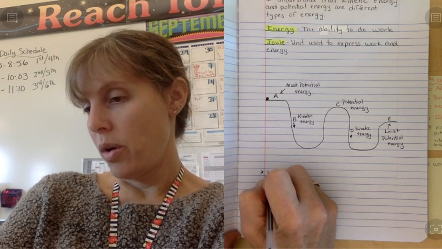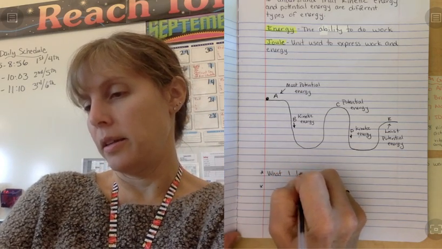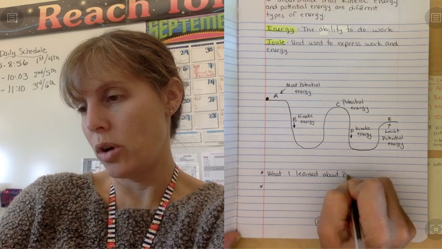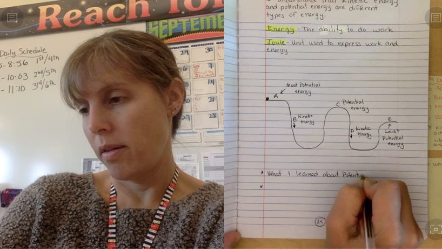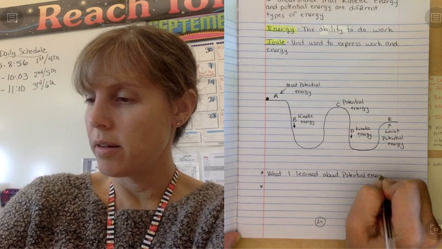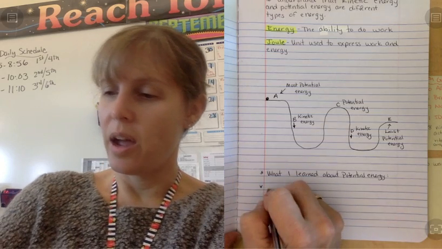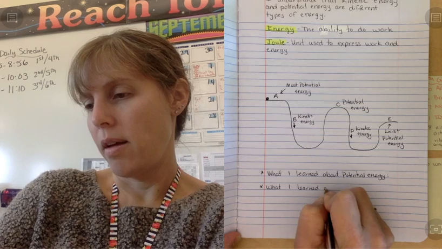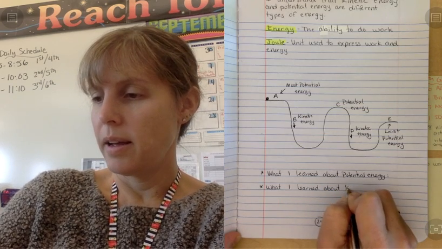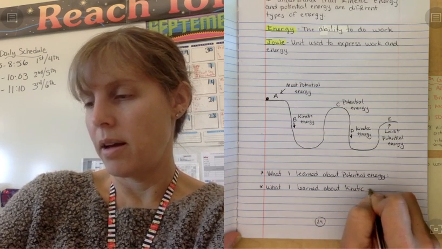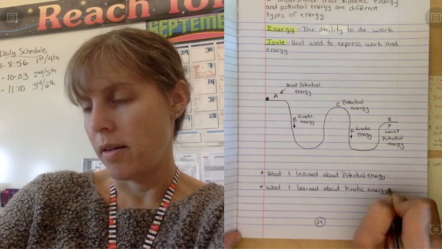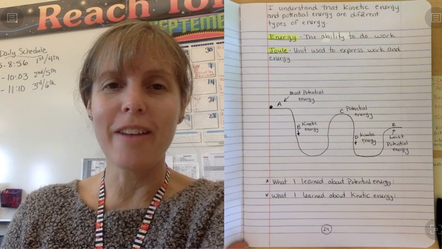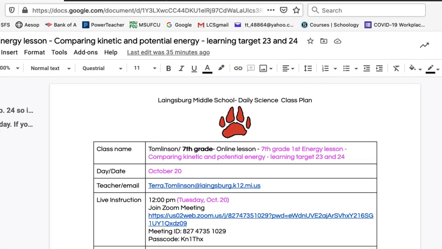So, what I learned about potential energy, and what I learned about kinetic energy. Just write two quick statements or finish those. All right, and then you'll finally be done for today. So congratulations. You made it.